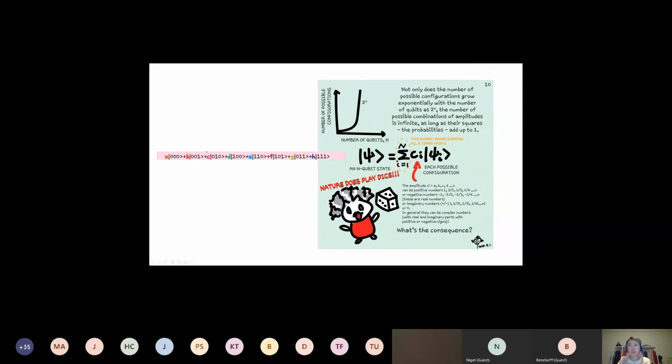We mentioned that the amplitude can be any number. It could be real numbers like 1, 1/2, 1/3. They could be negative numbers, but they could also be imaginary numbers. So in general, they can be complex numbers. The amplitudes can take all these different phases, these forms.